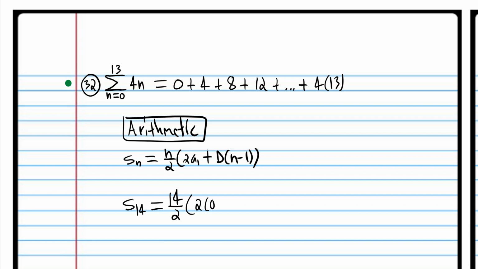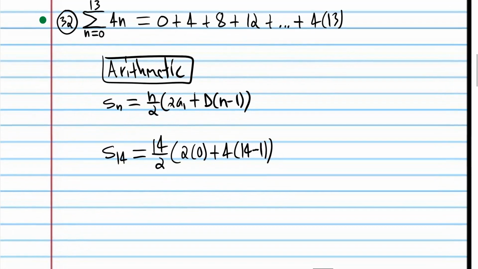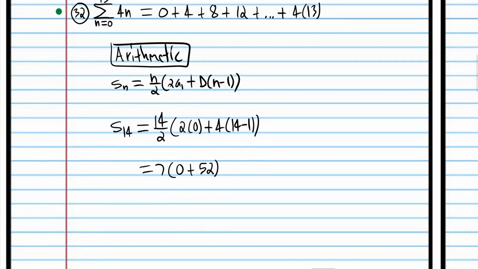And the first term is 0, and the common difference is 4. So we have 7 times 0 plus 4 times 13, which is 52. And 52 times 7 is 364.